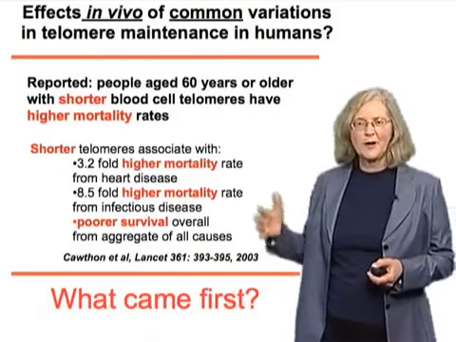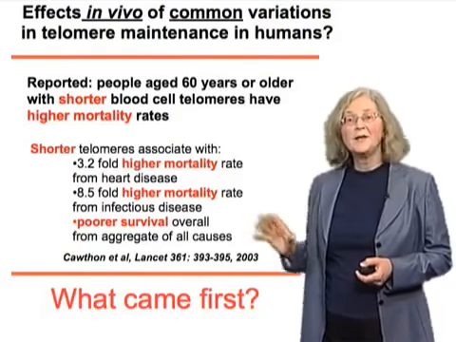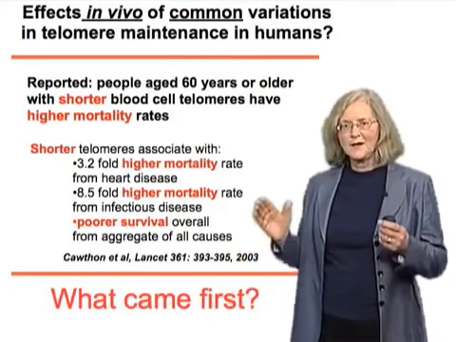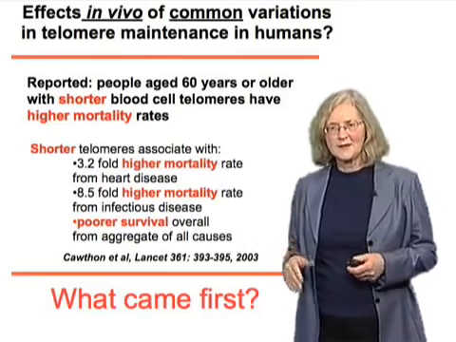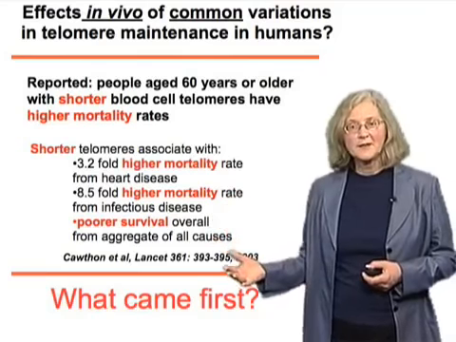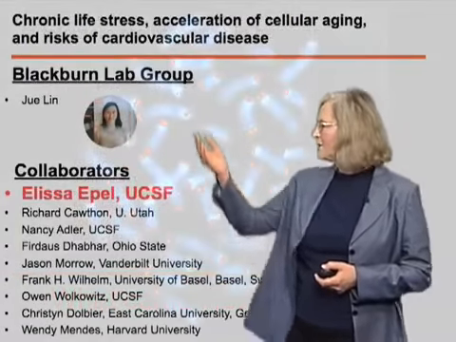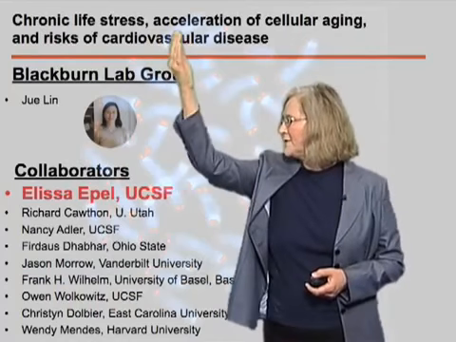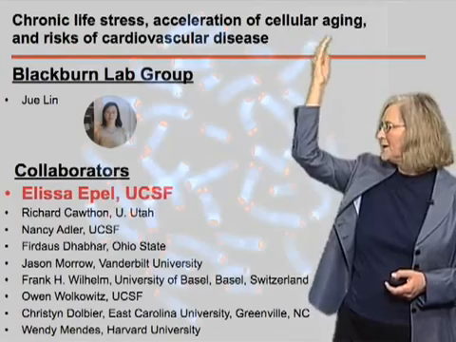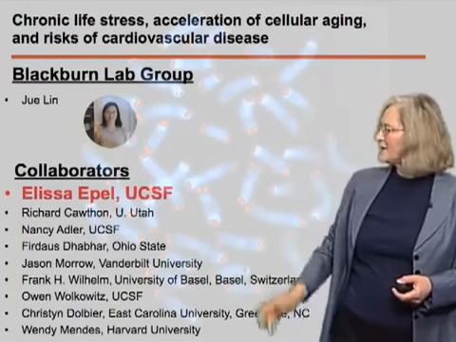So now I want to tell you about some more recent experiments which start to give one kind of indication of causality in this otherwise, we know, quite complex question of what is causing susceptibility to the diseases of aging. And this was a collaboration which involved studying chronic life stress and relating that to cellular aging, which in this case will be related to telomere maintenance and risks of cardiovascular disease.